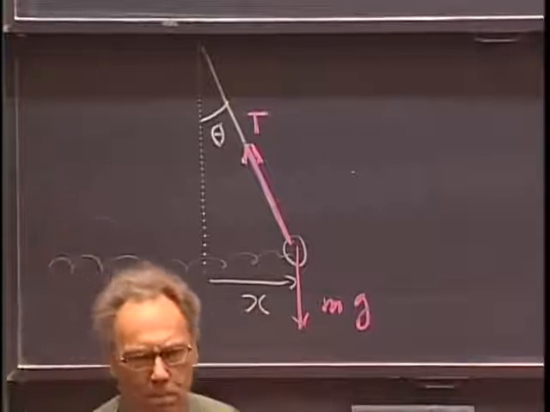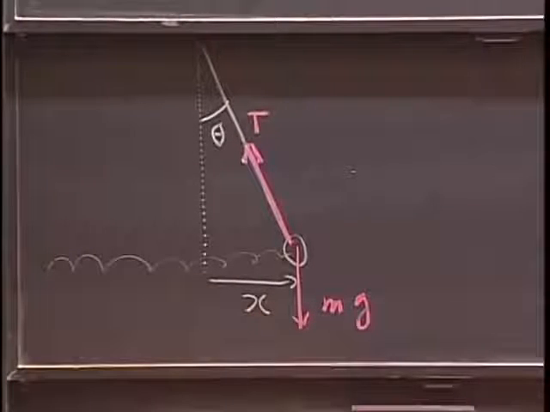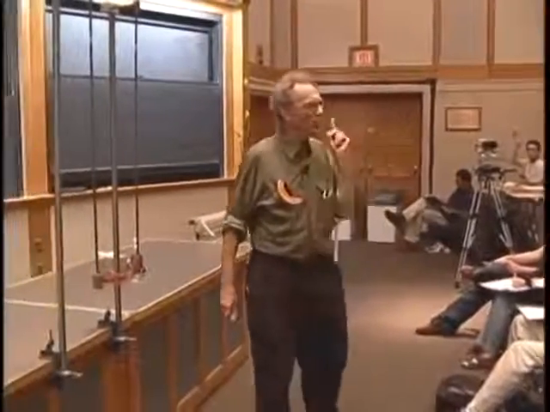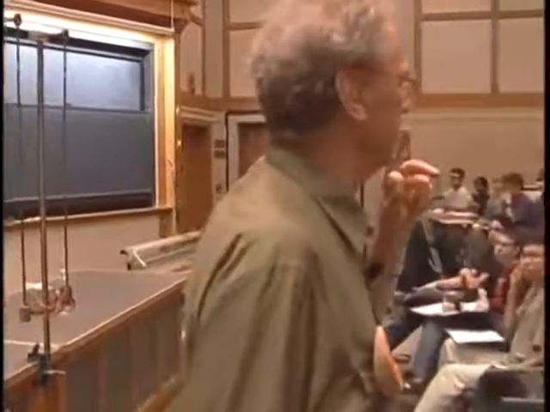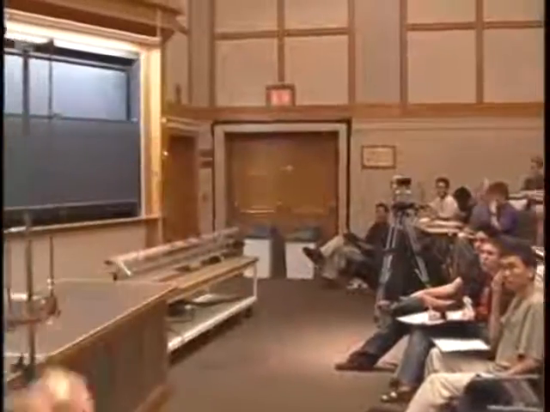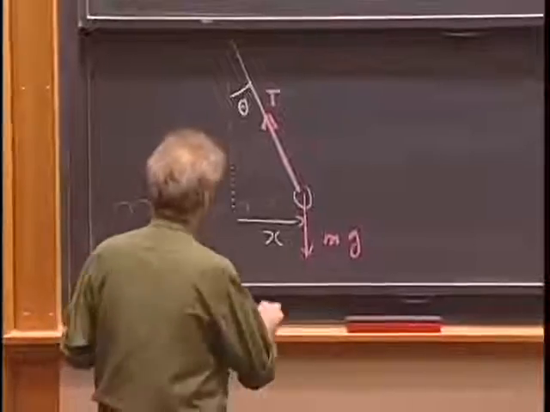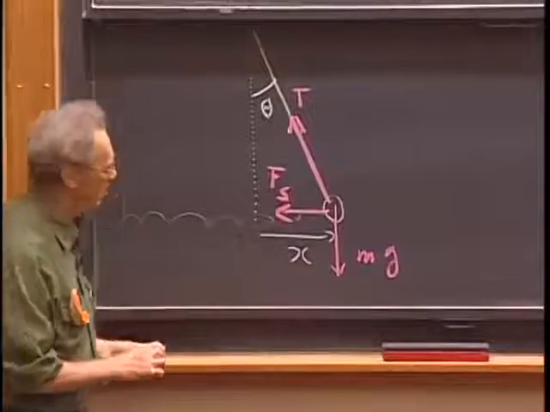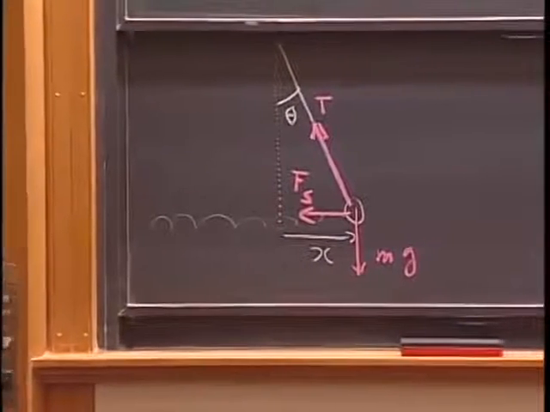What else is there? Spring. How much longer is the spring than it wants to be? 2x. Exactly. In other words, there is a force here. I call that the spring force Fs, which is bringing it also back to equilibrium.